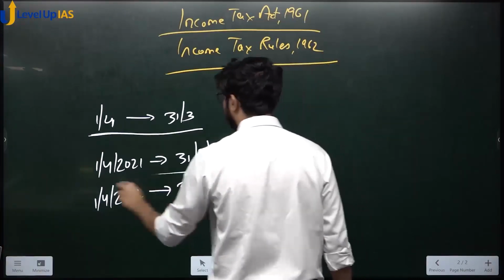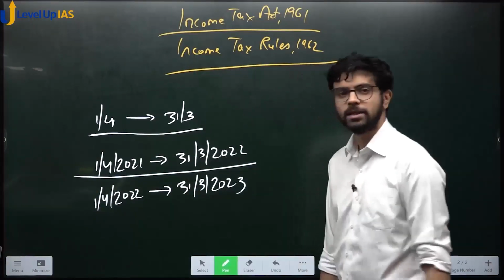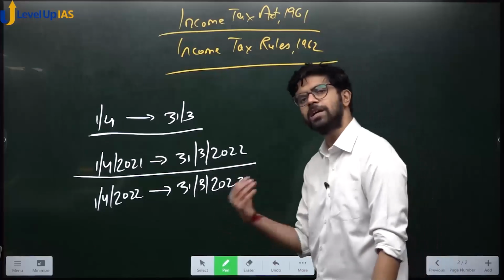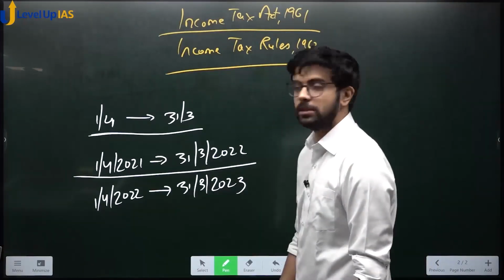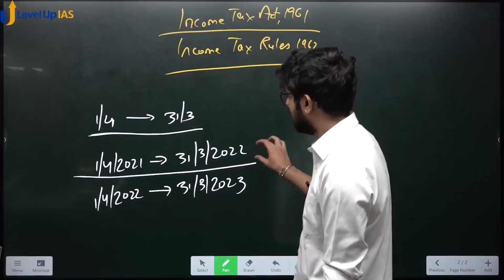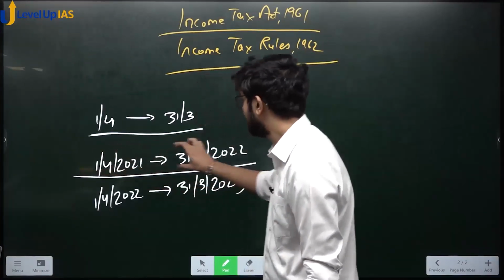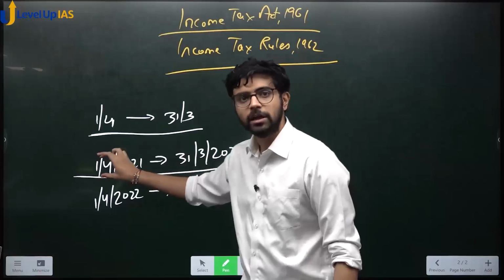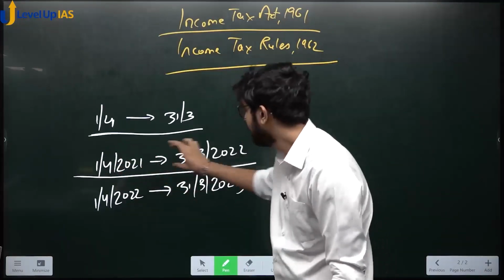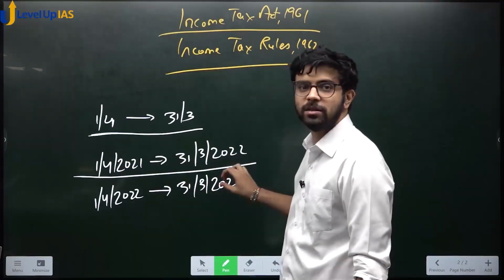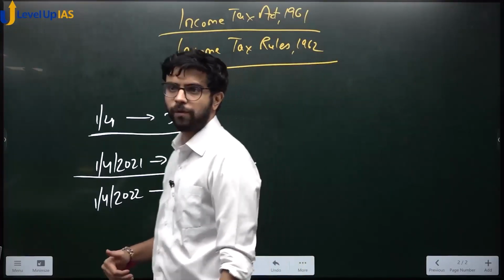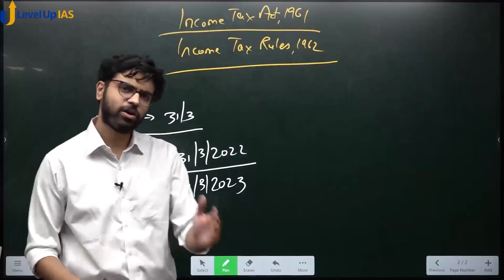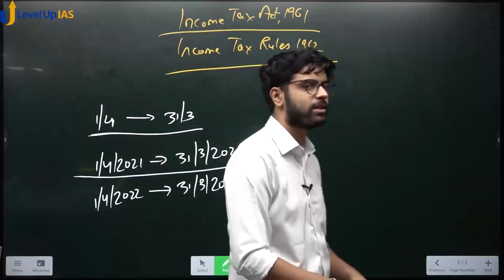Simple, very easy, very simple. Slowly we are going, one bit and piece we are picking up, studying, analyzing and keeping up. Now, the income which you earn in this entire year will be taxed. Yes or no? Yearly tax you have to pay. Yearly your income is checked and assessed.